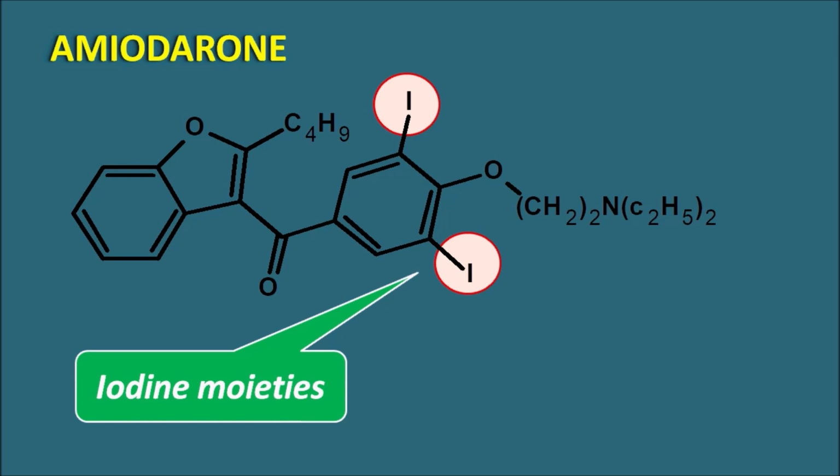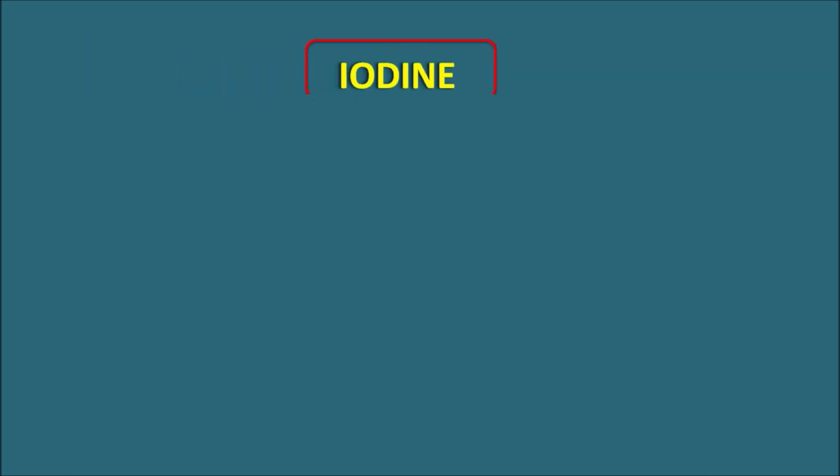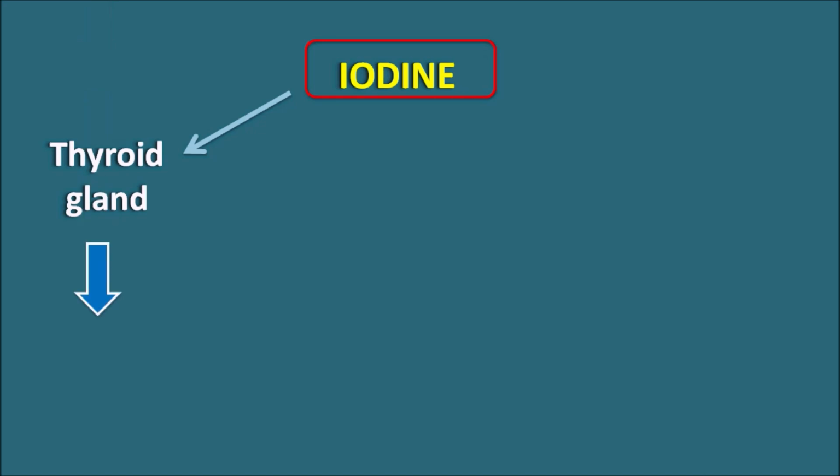What are the side effects that can be observed when iodine is excessively consumed? Iodine can produce toxicity in many organs. Iodine can affect the thyroid gland. Either the thyroid levels can increase or decrease, based on the amount of iodine consumed.